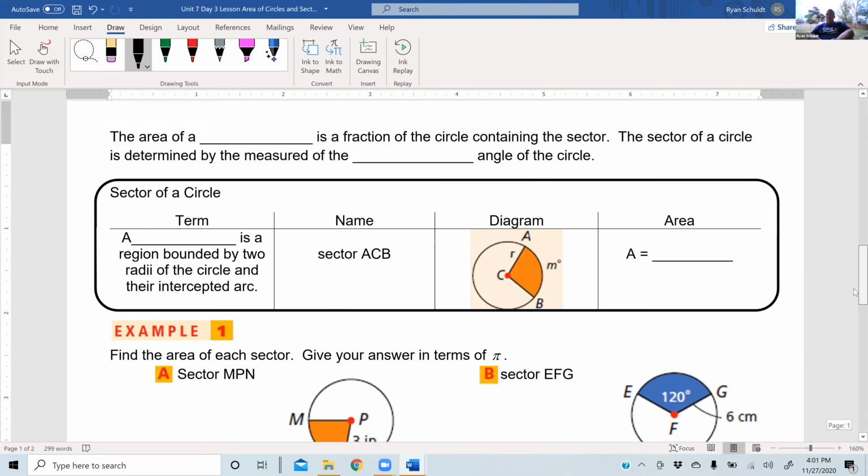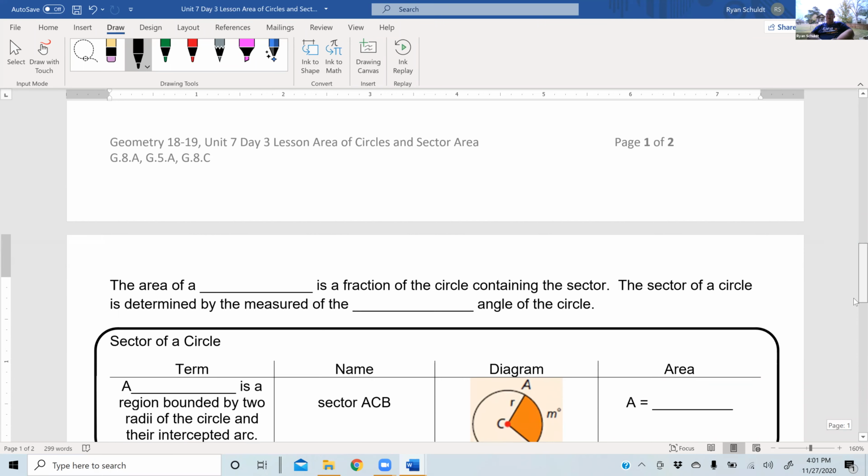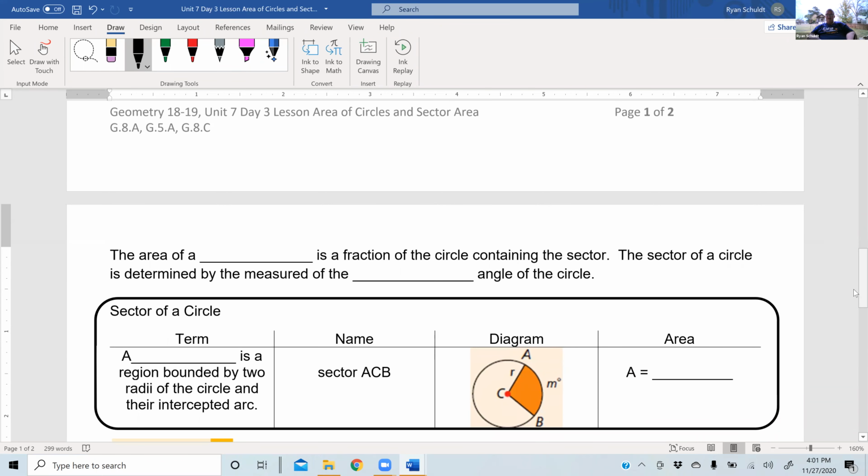Okay. So the area of a sector is a fraction of the circle containing the sector. The sector of a circle is determined by the measure of the central angle of the circle.